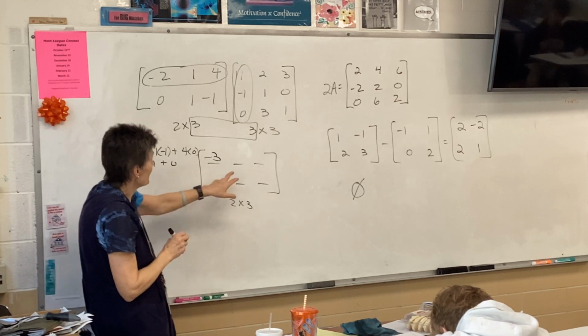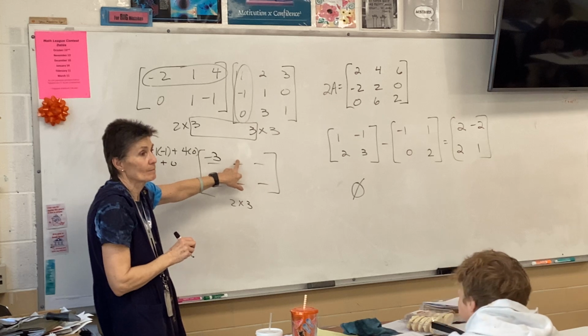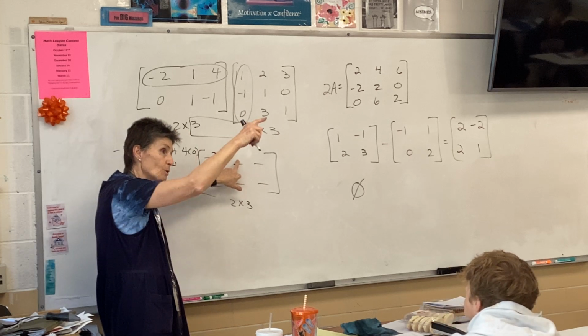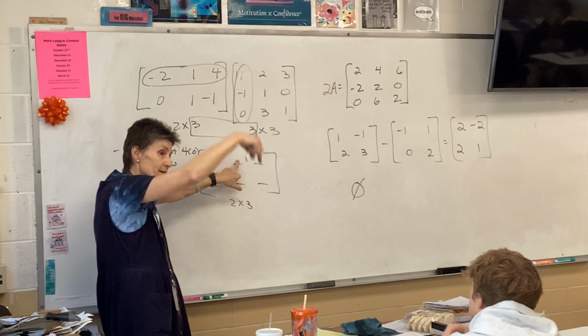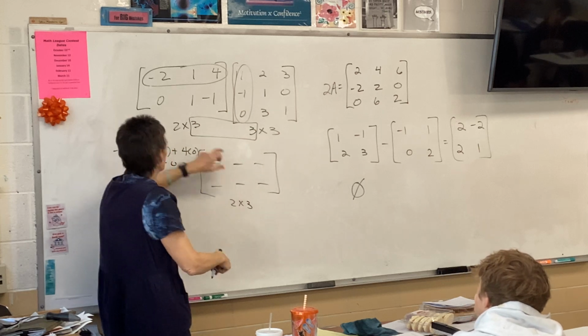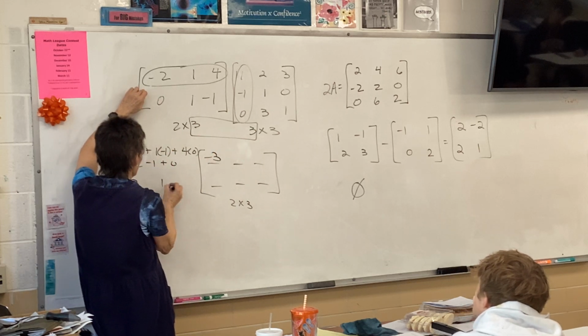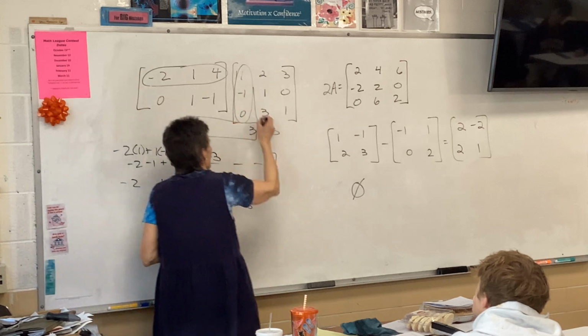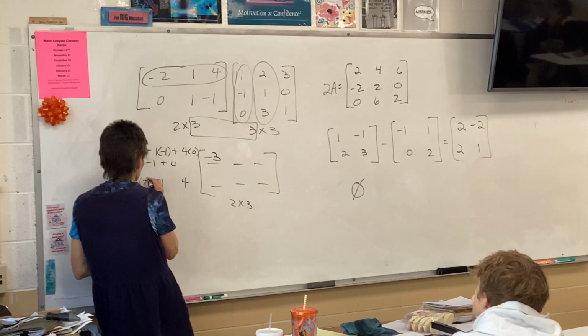And then what will I do for this spot? Still row 1, but now column 2. So still negative 2, 1, 4, but now 2, 1, 3.